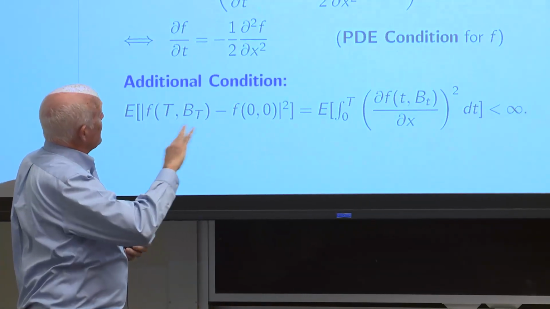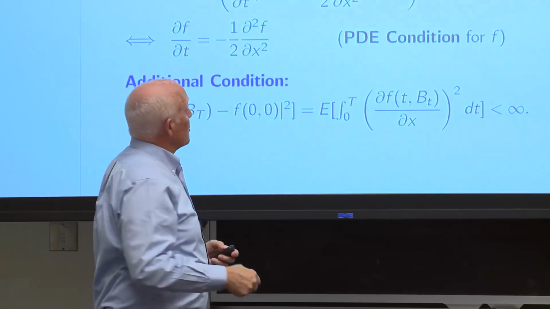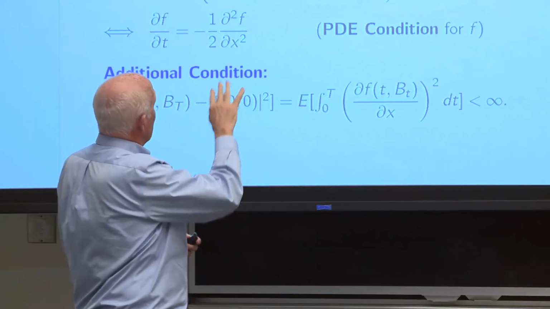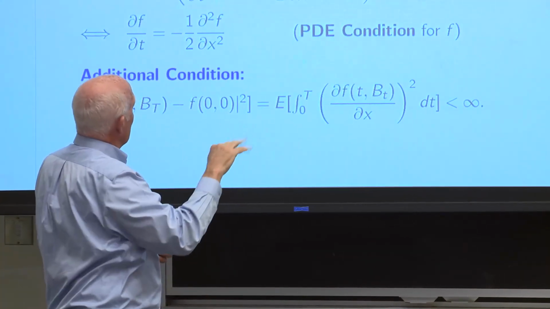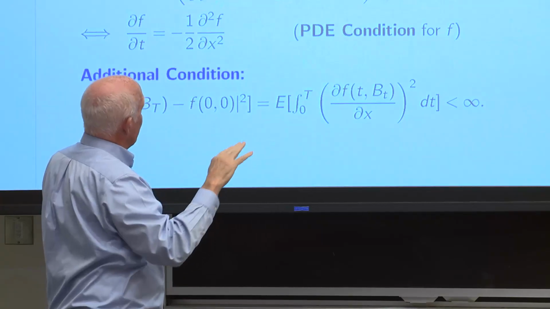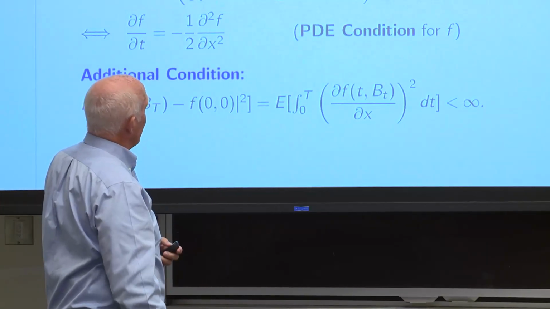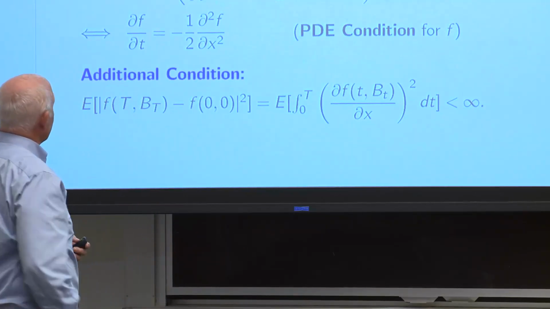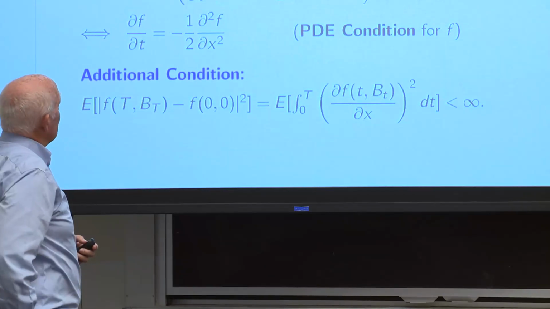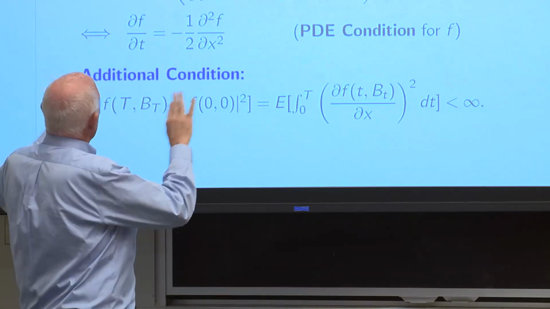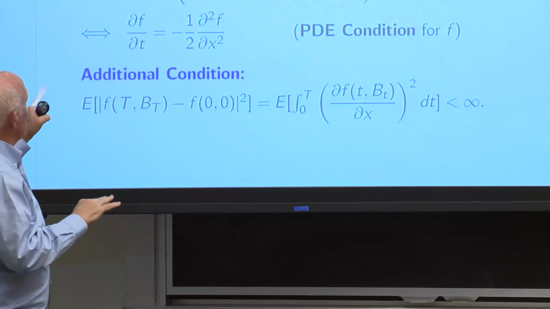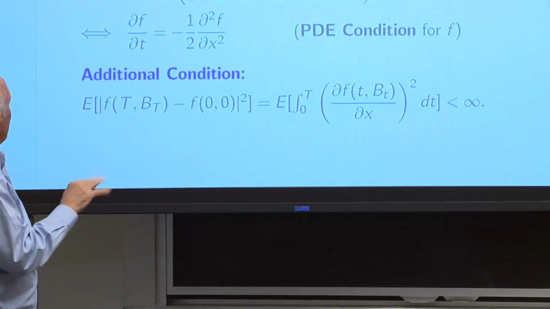And what we get is a sum of two terms, an integral with respect to time of the partial with respect to time plus the half, the second derivative of f with respect to x.